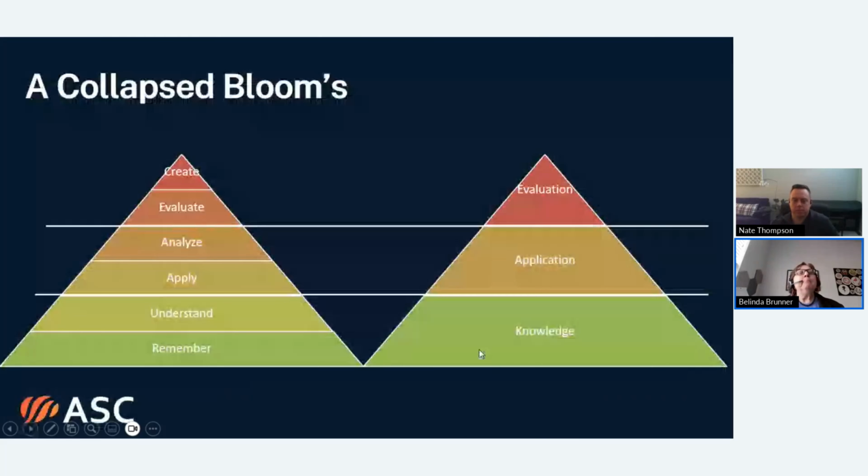So most of the time when I've seen it used, I've seen more of what I call a collapsed Bloom being used. It's very difficult sometimes, first of all, to evaluate whether this is actually analyze or apply or where it belongs.